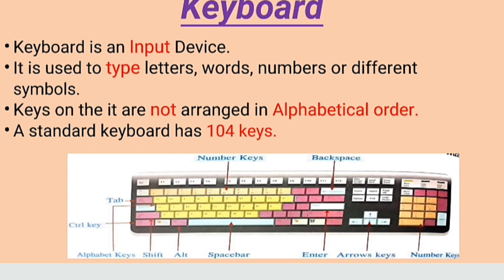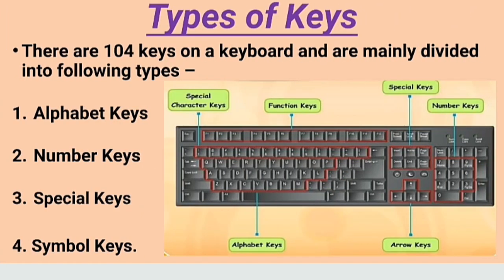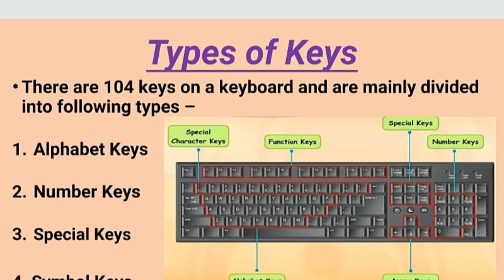In a standard keyboard there are 26 alphabet keys. We have already learnt about the different types of keys. I again repeat, there are 104 keys on a keyboard and they are mainly divided into the following types: alphabet keys, number keys, special keys and symbol keys.